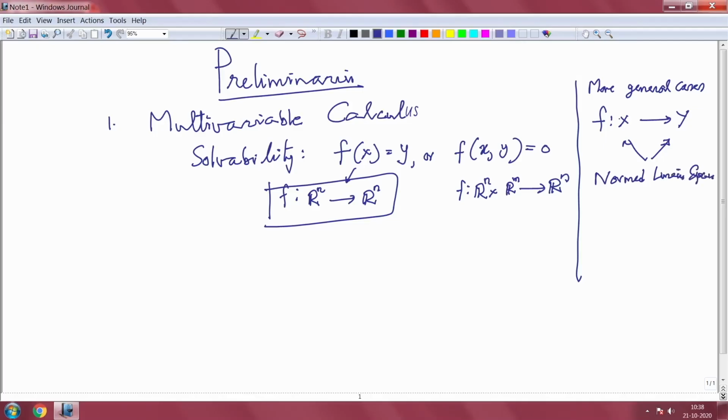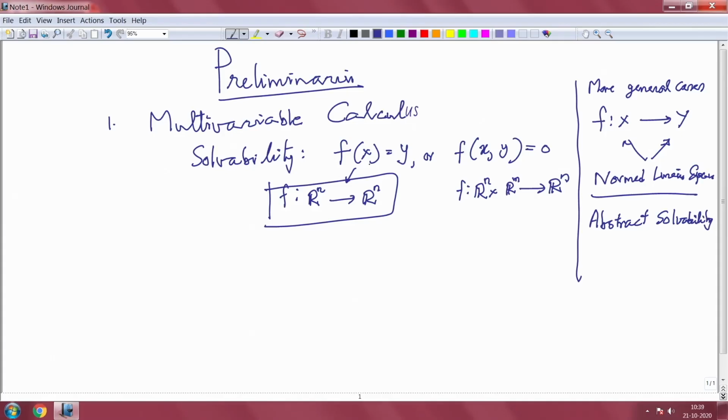Why this kind of abstraction? It can be infinite dimensional, and you can convert your PDE and other problems to this abstract solvability problem, and these theorems can be very handy when you want to solve it. So, let me restrict myself to the case here.